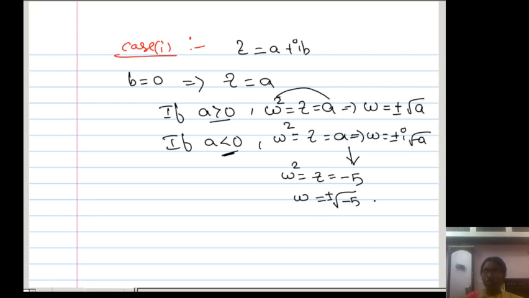So what I am doing here? Minus 1 you can write as i square. Under root i square, you can write i only. So i is equal to root minus 1. So I am writing root minus 1 into root 5. Plus or minus i root 5, I am writing.